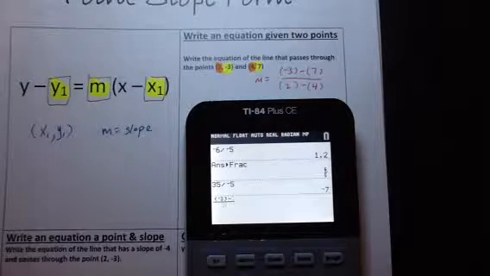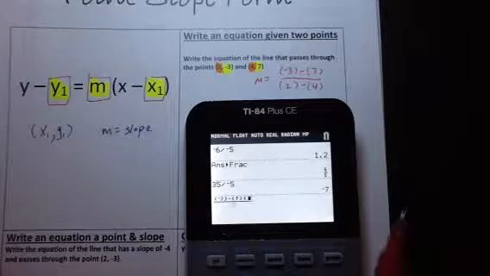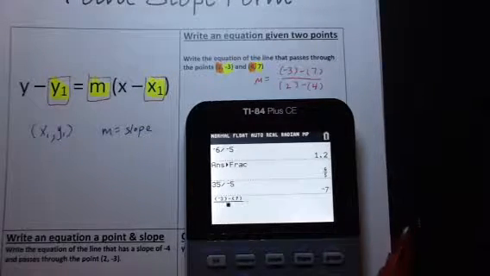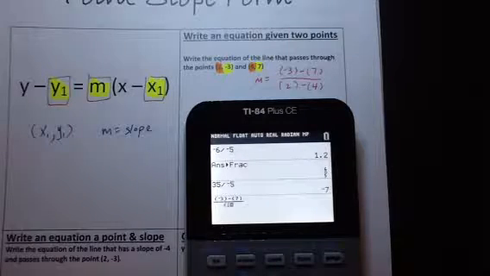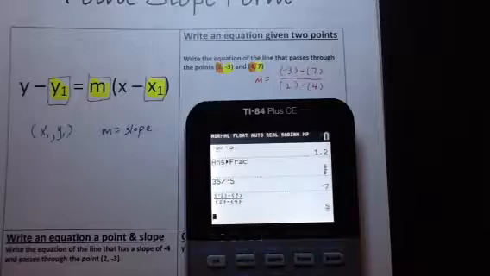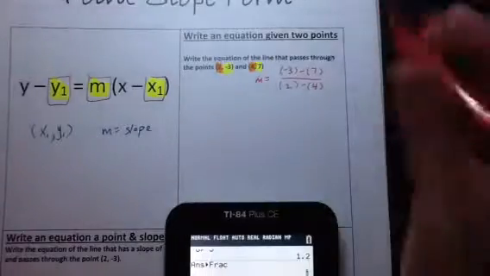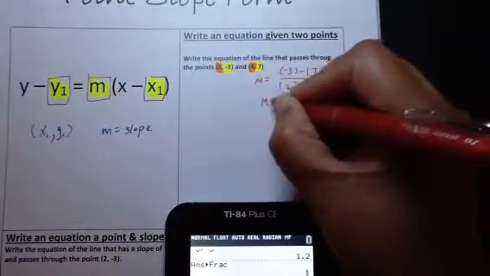Now it's important that you don't separate that minus. I've seen some of y'all separate it as in it was 2 different fractions, but it's 1 whole fraction. So our slope on here is 5. So here I know my slope is 5.